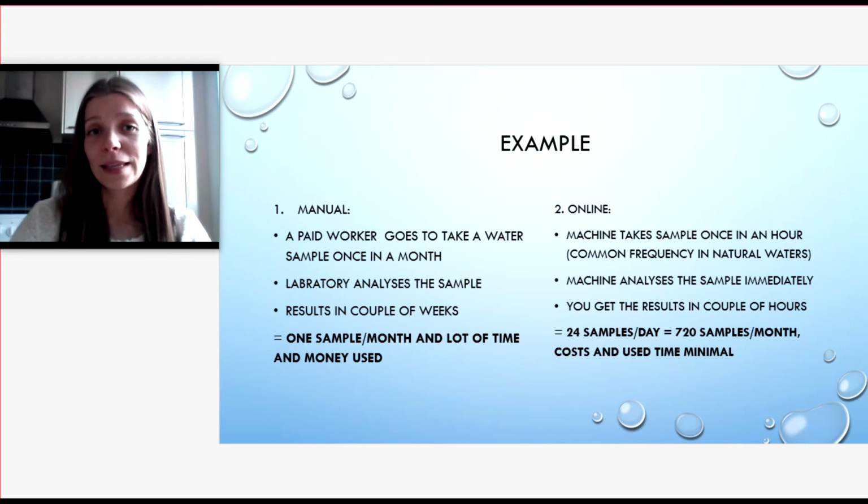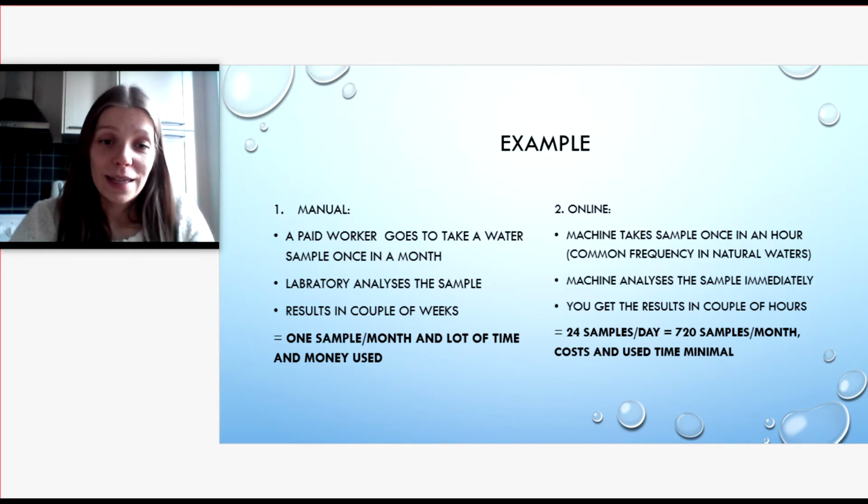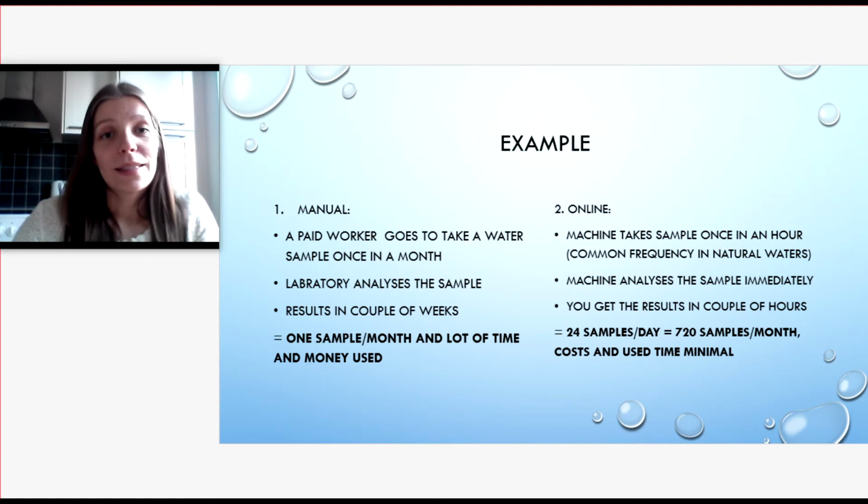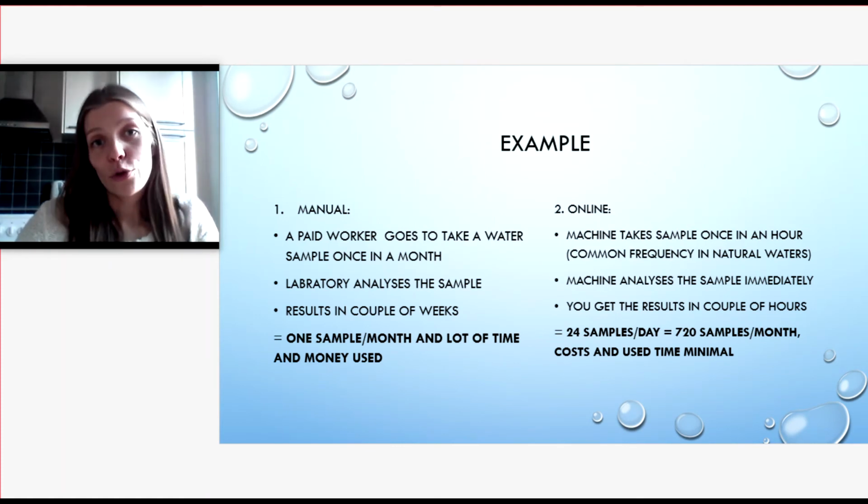And by doing this, we get 24 samples per day, which equals 720 samples per month. But still the costs and time used are minimal. So it is 1 sample versus 720 samples.